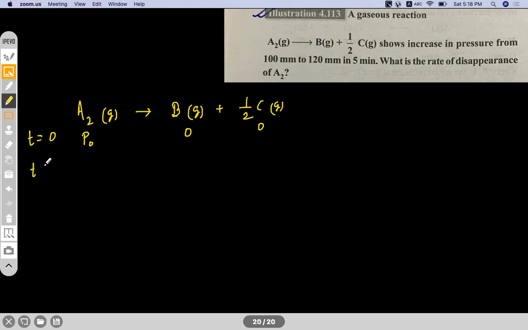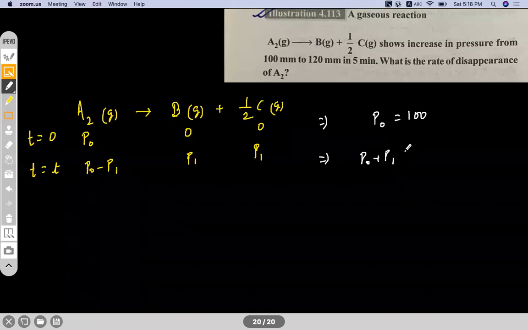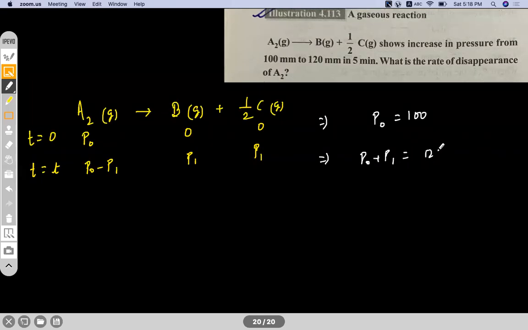At time t is equals to t, it becomes P naught minus P1. This is P1 and this is P1. Now, according to the given data, we have P naught is equals to 100, and the sum of all these, that is P naught plus P1, is equals to 120.